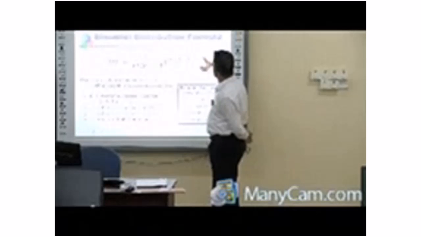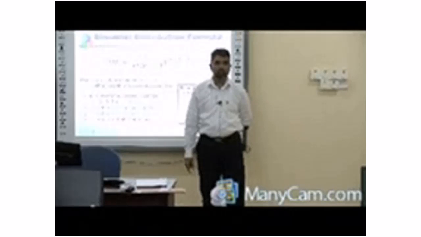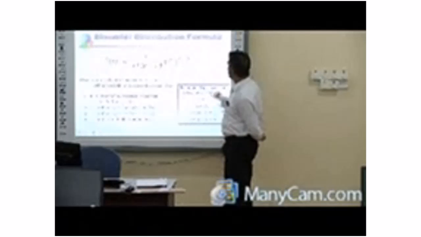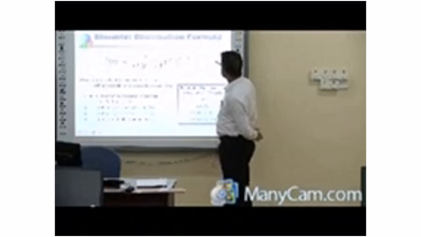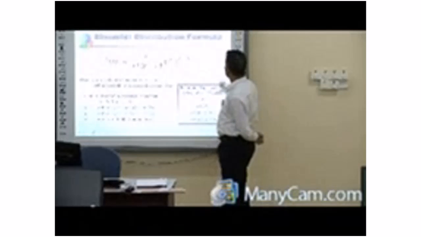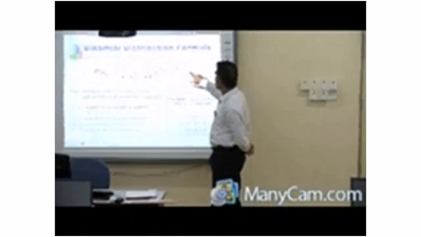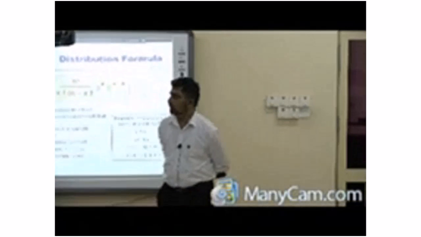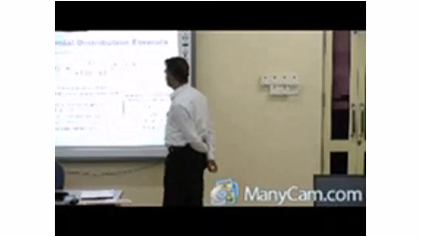P is the success rate, or the probability. Q means failure, that is 1 minus P, and n minus x is the number of trials minus the number of successes. After applying this, you can get the relevant probability for each question.